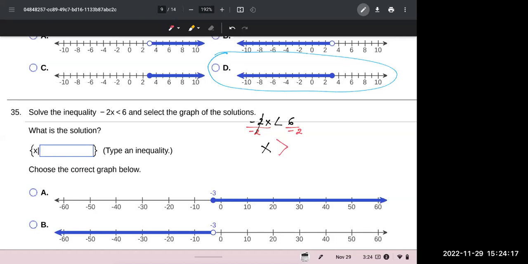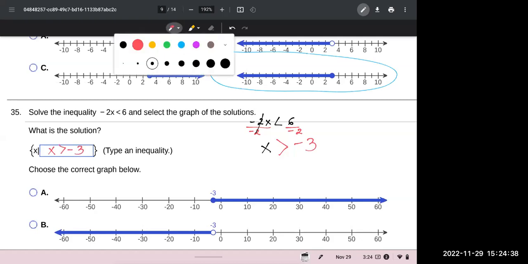We only do that when we divide an inequality by a negative number or when we multiply an inequality by a negative number. So I reverse the inequality symbol, and 6 divided by negative 2 is negative 3. So that's going to be our solution, x greater than negative 3.